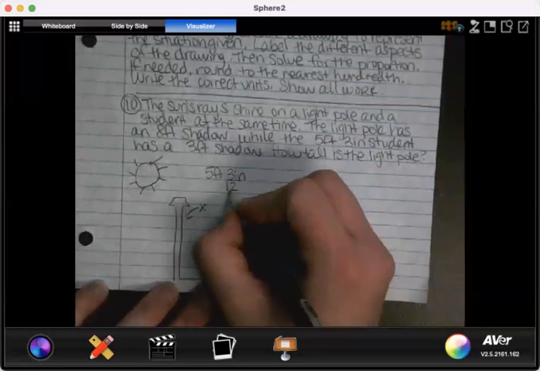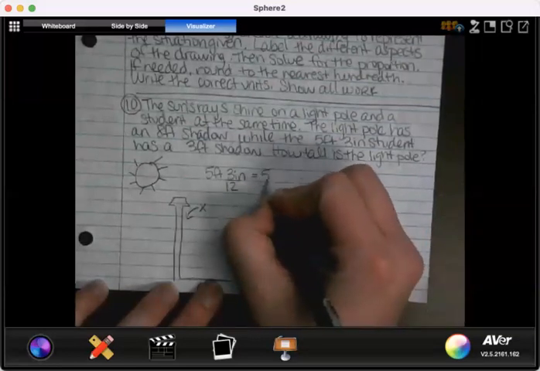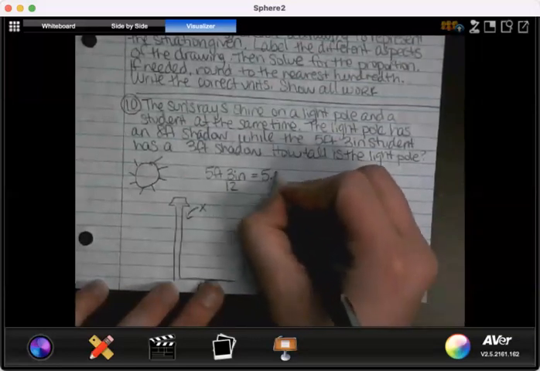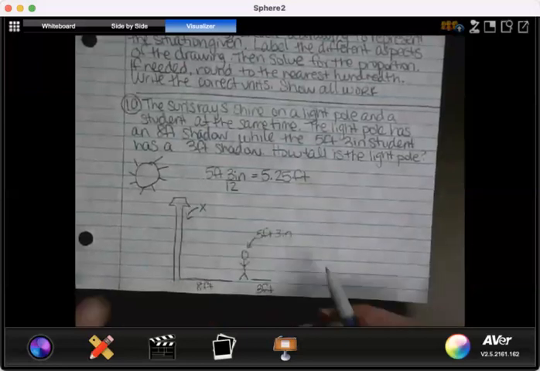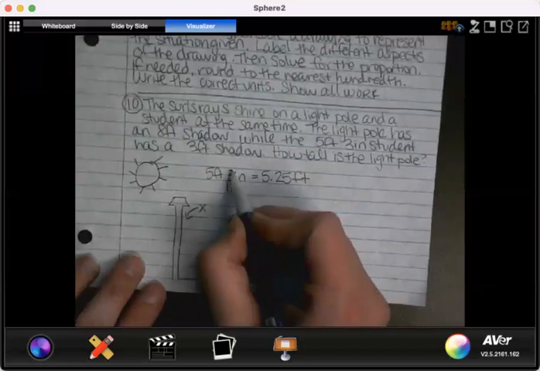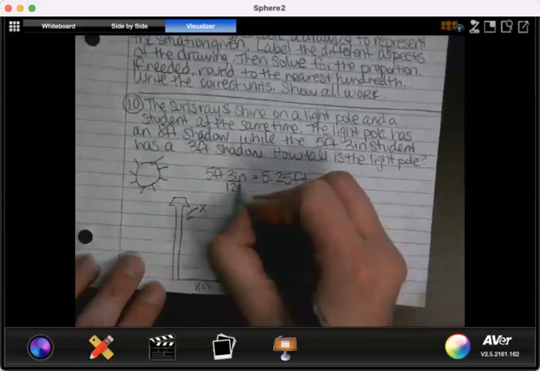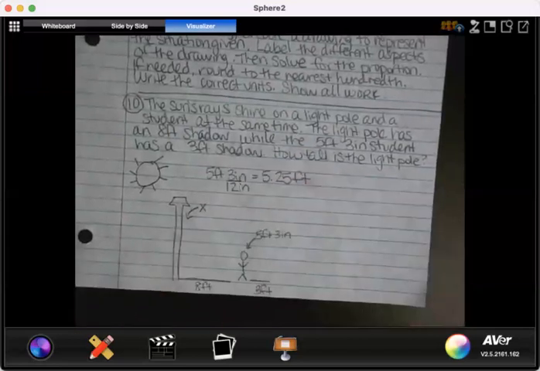So 3 divided by 12 is 0.25. Because I have different units, I have to consider that this is out of 12 inches. So I have a 5.25 foot student.